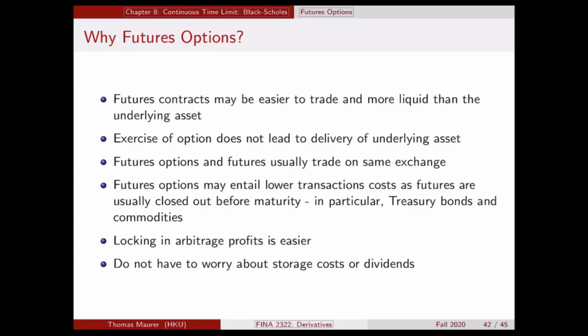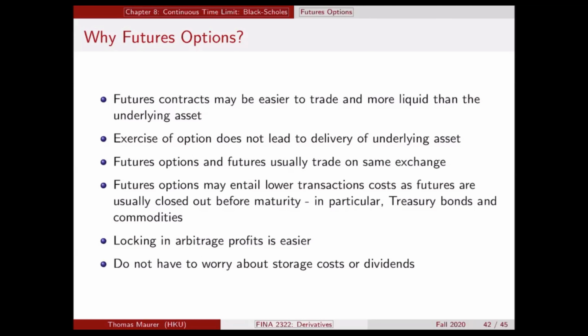For all these reasons, it might be just easier to lock in arbitrage profits if there's a deviation of a futures price from the actual futures option formula than if you had an actual spot price deviation from your option formula. Therefore, markets are going to be much more efficient if you look at these futures options compared to options written directly on an underlying.